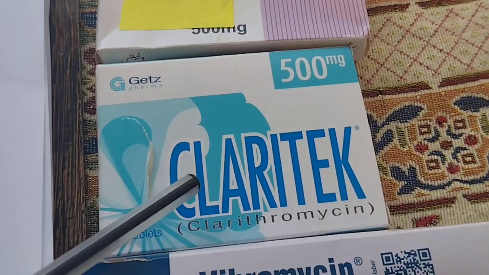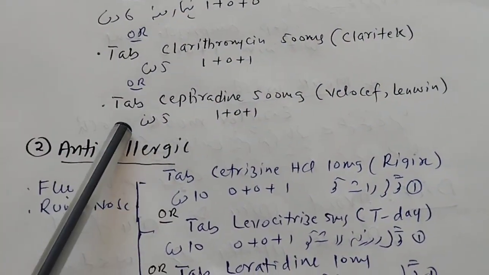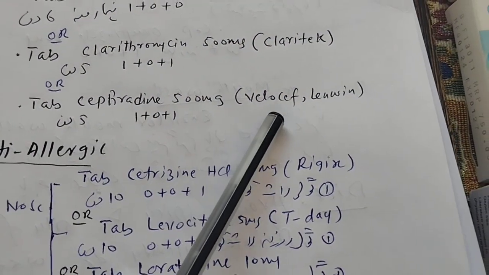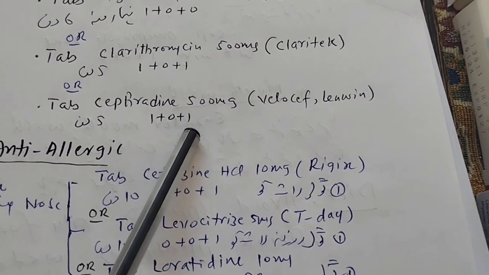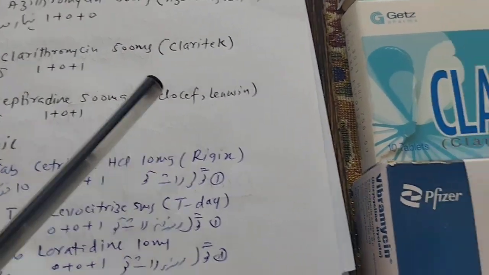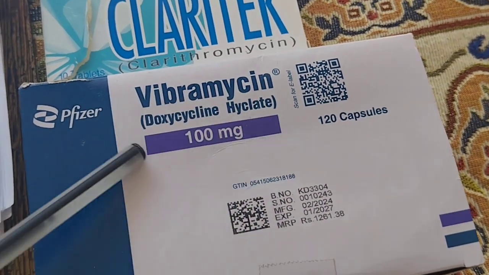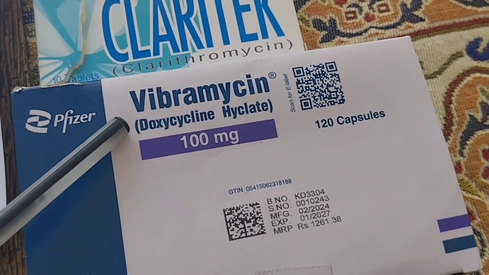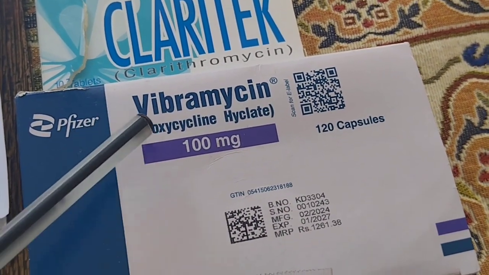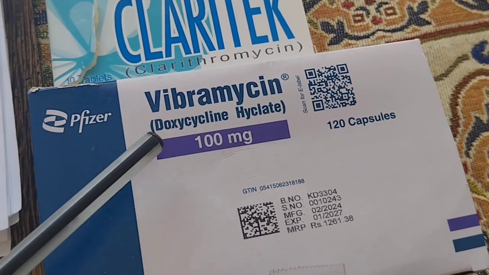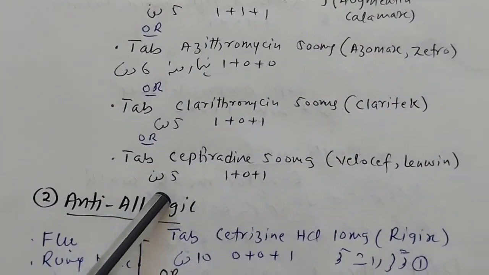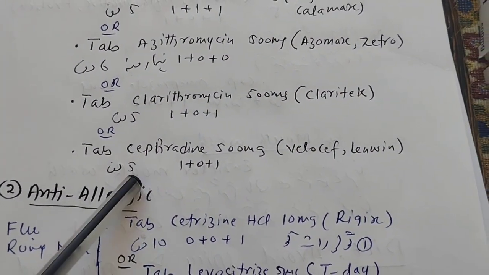We can also give cefradine 500 mg, Velosef and Linvin, BD for 5 days. Many physicians also prescribe doxycycline, under the brand name Vibramycin, 100 mg BD for 7 days or 5 days.